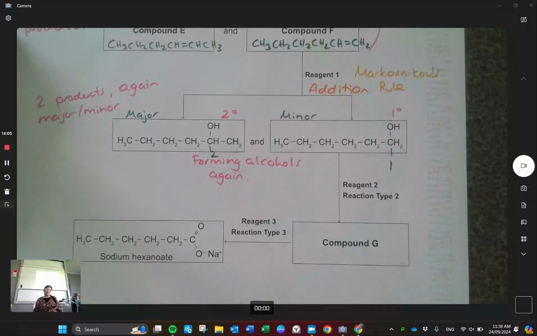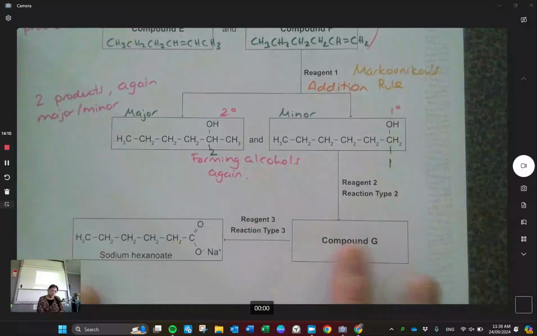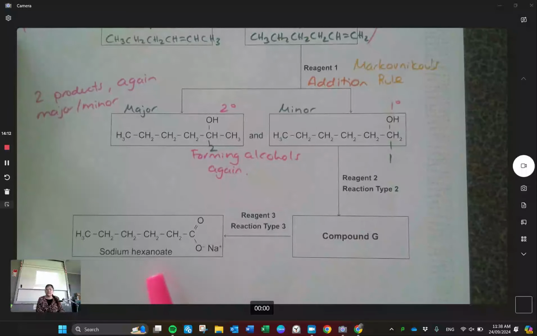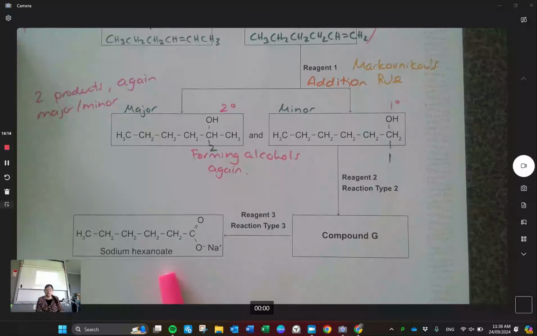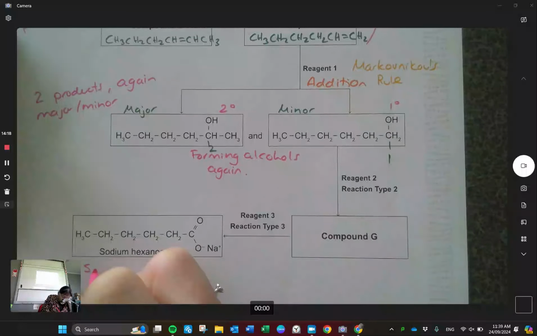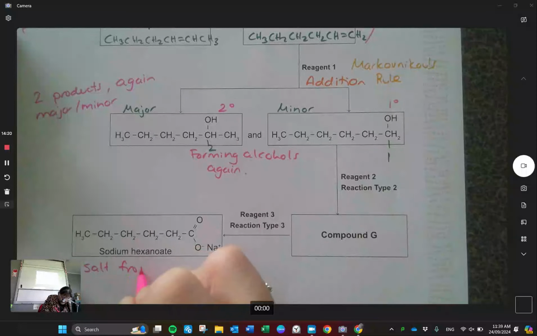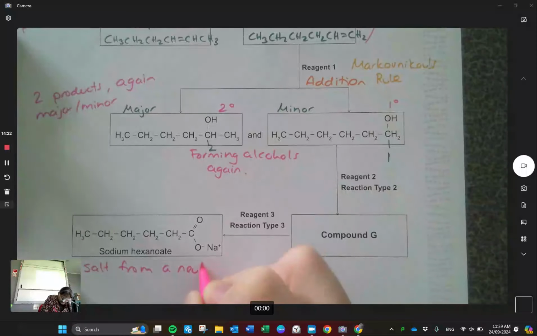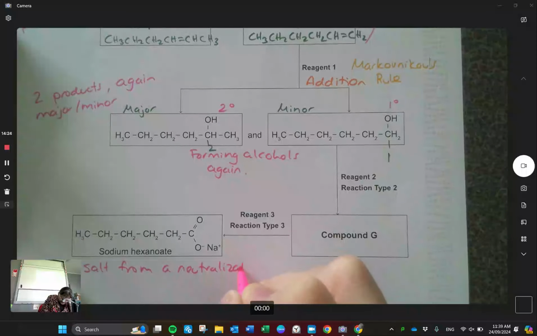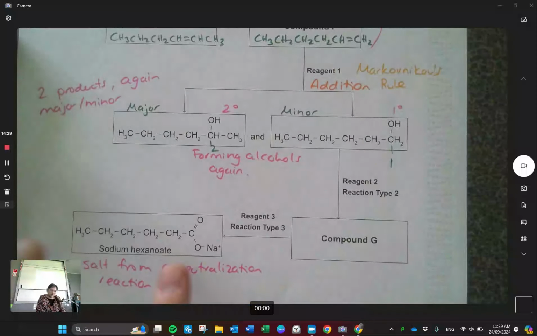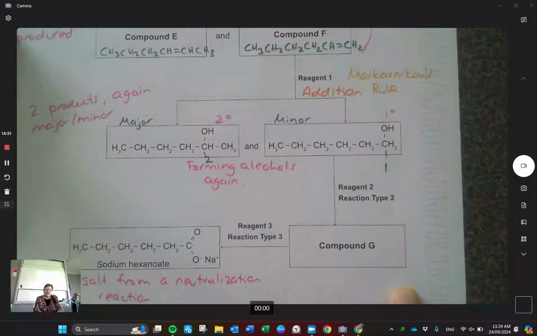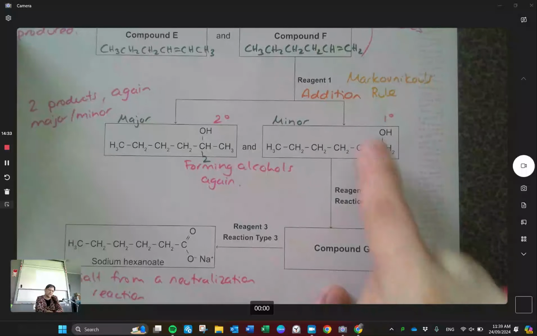So now we have to figure out this last section of our flow chart, plus we need to make sure we note in all our reagents. So what I see here is a salt from a neutralization reaction. And if I was to backtrack to this, now we are thinking about the 2 intercepting kind of areas.